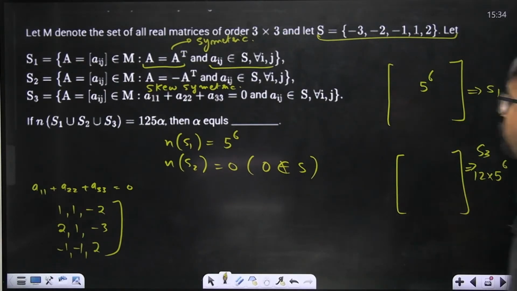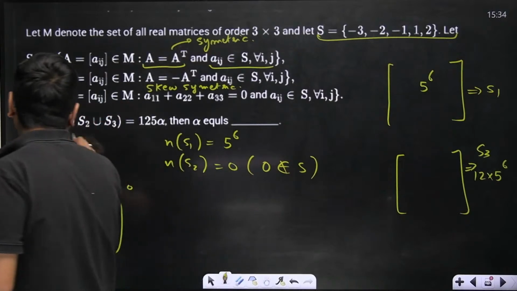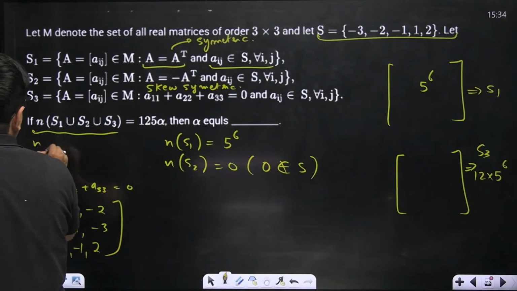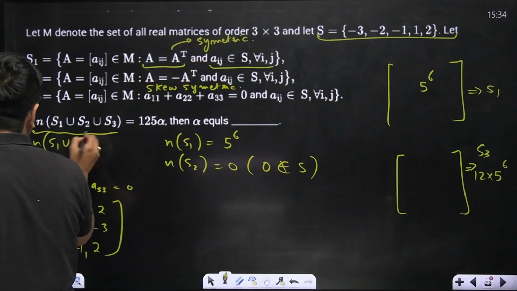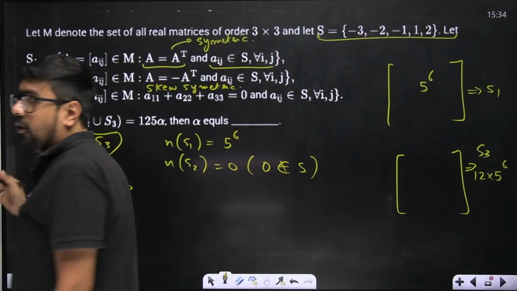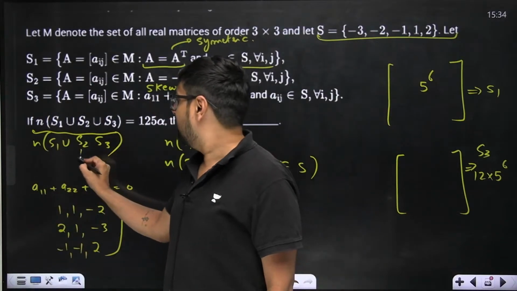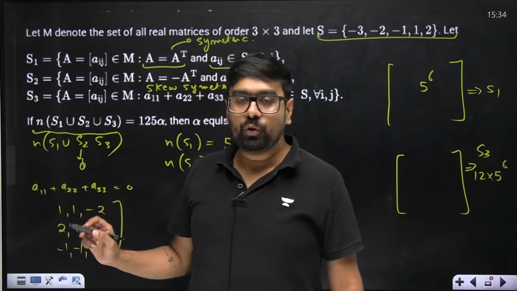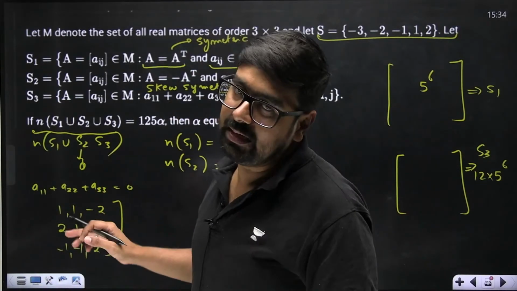Now, it is talking about the number of elements in S1 intersection, S1 union S2 union S3. S2 is a null set. So the union of S1 with a null set will be S1 only.